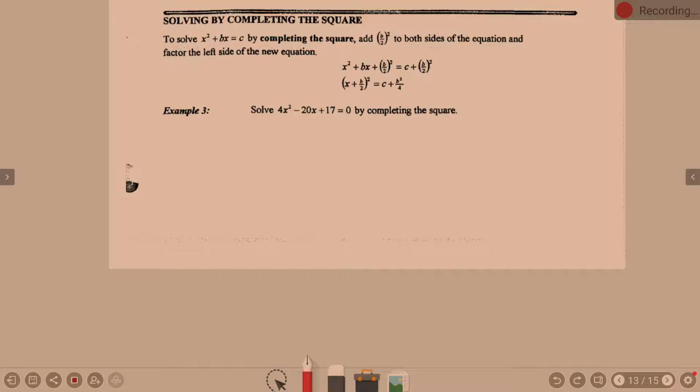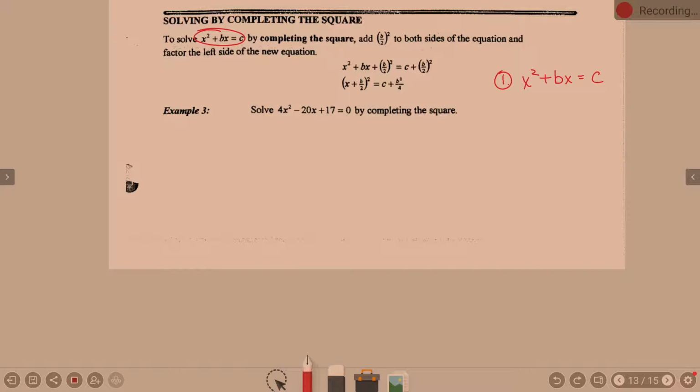Now, some highlights here. First of all, in order to do this, your equation has to start off, and I'm going to kind of put some steps over here. My step 1 is going to be that I need my equation to be x squared plus bx equals c. Two important things to point out.